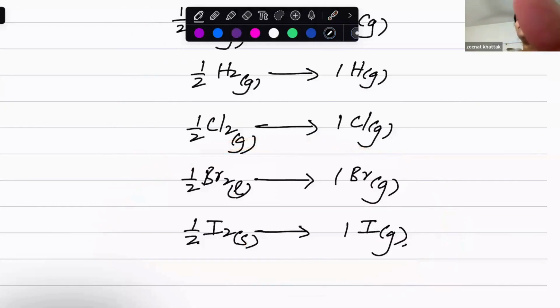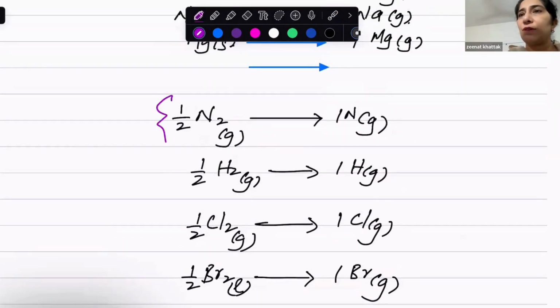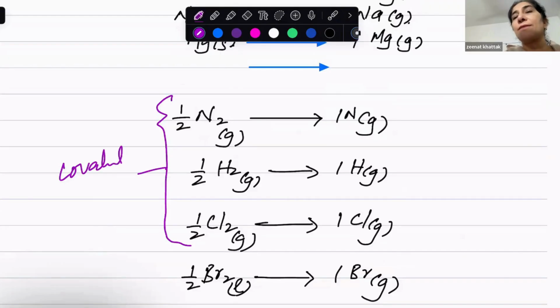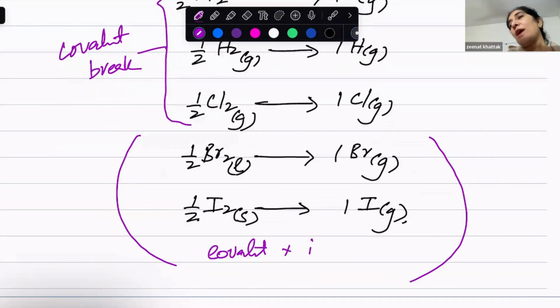In these, covalent breaking. And in these, covalent plus ID, London forces are breaking. Now listen, another thing.